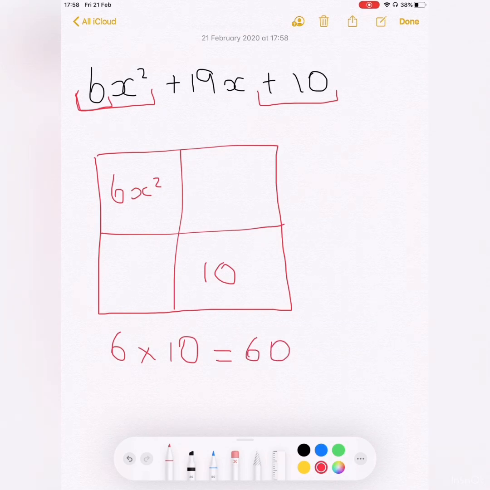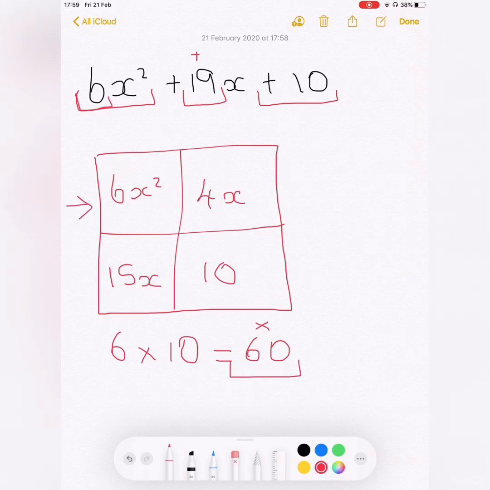And we now find two numbers that times to get 60 and add to get 19x, which hopefully we're going to see is 4x and 15x, because 4 plus 15 is 19, 4 times 15 is 60.